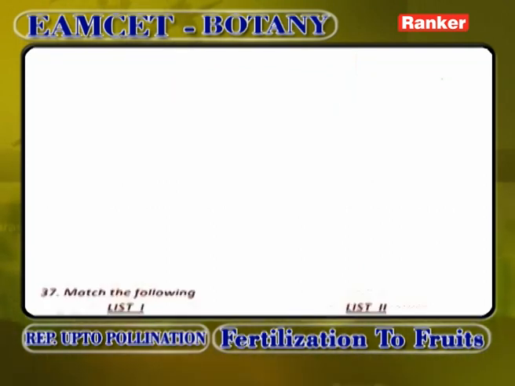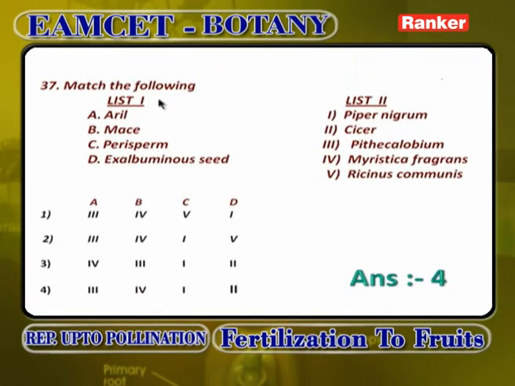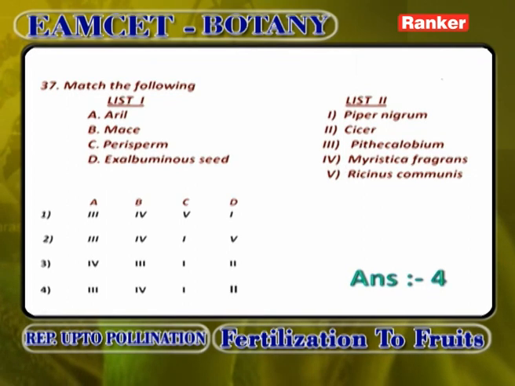Next, again a matching. Aril, maize, perisperm, exalbuminous seed, which means without any endosperm. Piper nigrum, Caesalpinia, Pithecellobium, Myristica fragrans, Ricinus communis. Aril is Pithecellobium dulce, so A is 3. Maize is Myristica fragrans, B is 4.